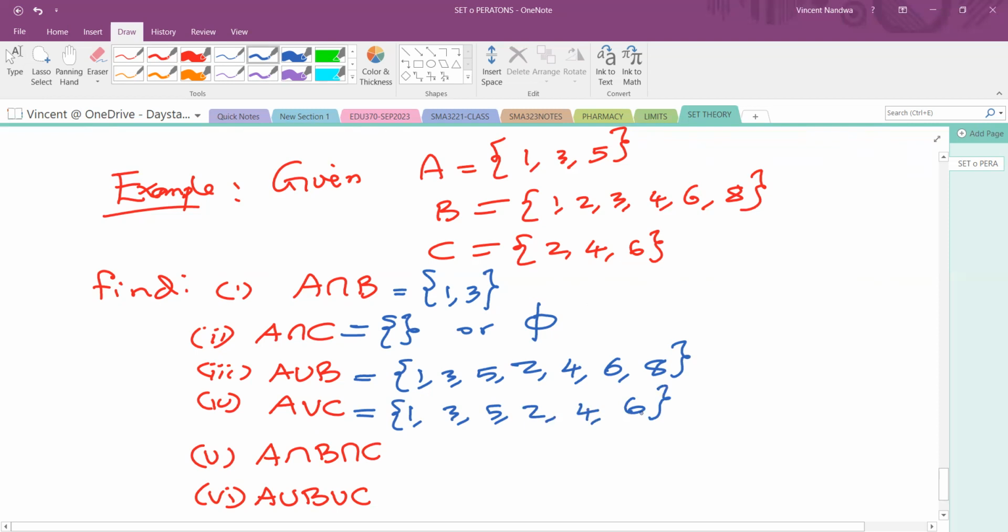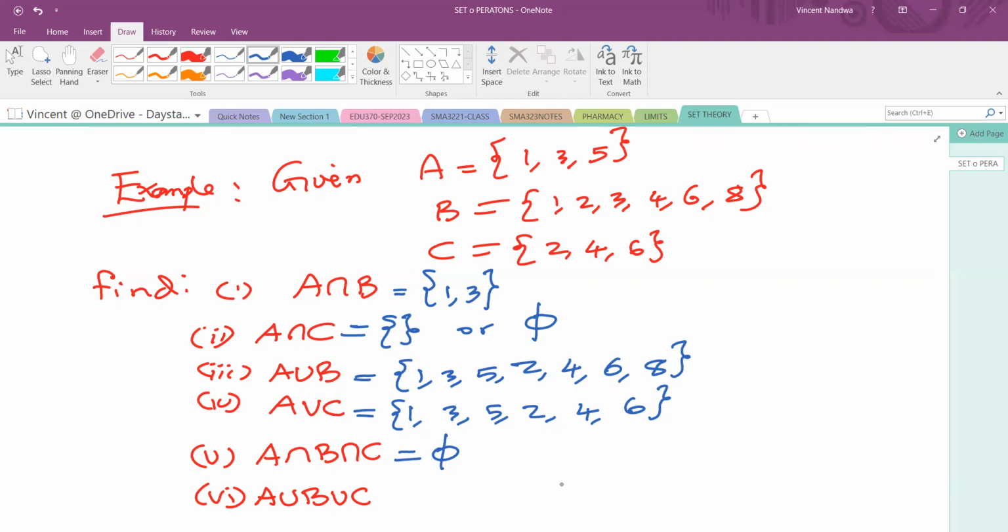Then A intersect B intersect C means what is in A, at the same time is in B, at the same time is in C. But already we have seen that A and C share no common elements. So all the three sets cannot have any other element which is common, because already two of them have nothing in common.